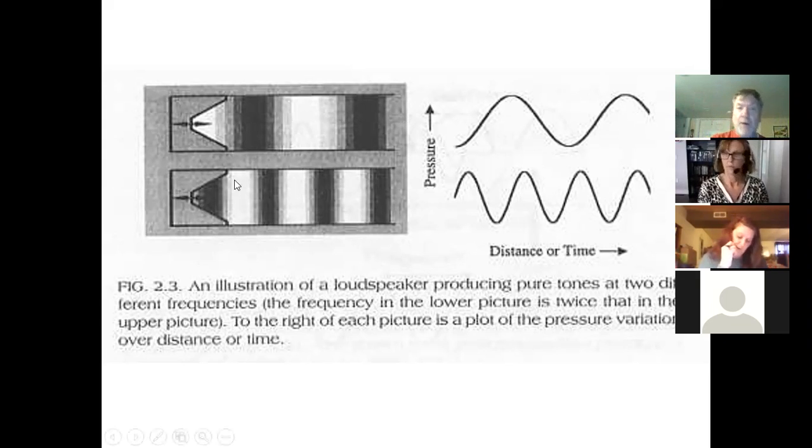Look at the bottom one here. This speaker is making a high-pitched sound, and its condensation and its rarefaction are skinnier. So its wave, the way we draw it on the right, goes up and down more often.